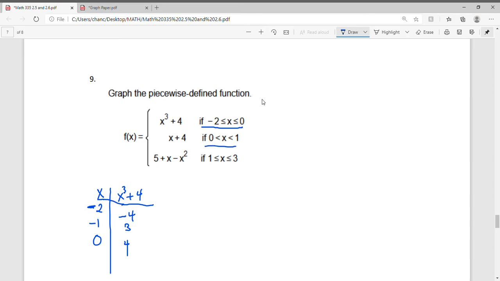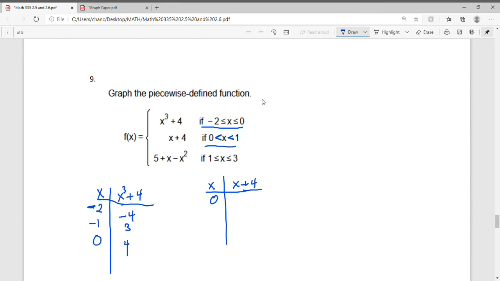For the second part of the graph, let's plug in values that are between 0 and 1, but 0 and 1 are not included because this is a less than symbol. But we'll include it in our table. Just be aware those will be open circles for those points.